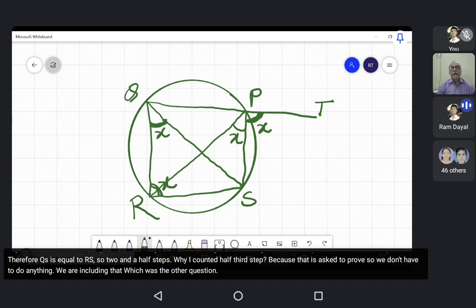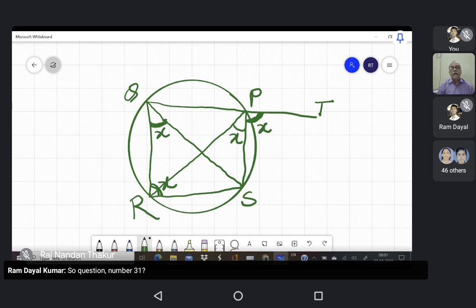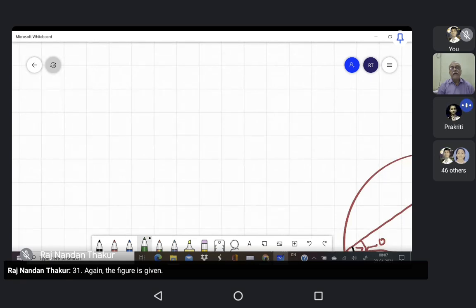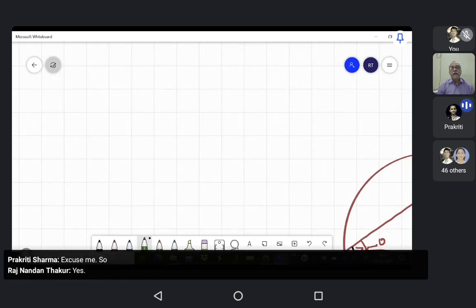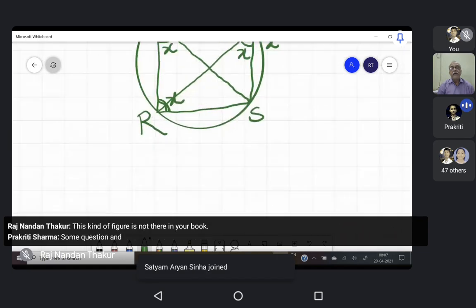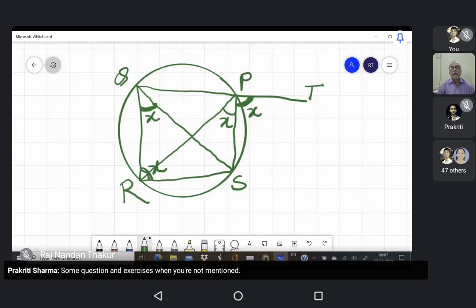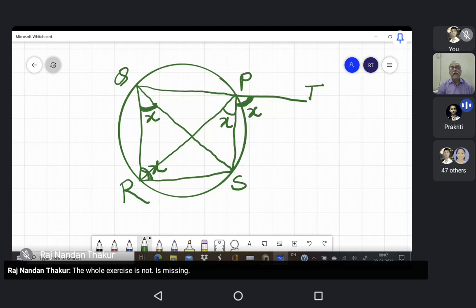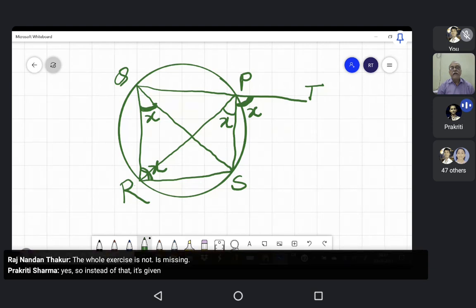Sir, question number 31. Again the figure is given. Excuse me, sir. Yes? The one which you are solving is not mentioned in my book. This kind of figure is not there in your book. The question and the precise is not mentioned. The whole exercise is missing. Instead of that, it's given theorem 5 and theorem 6.